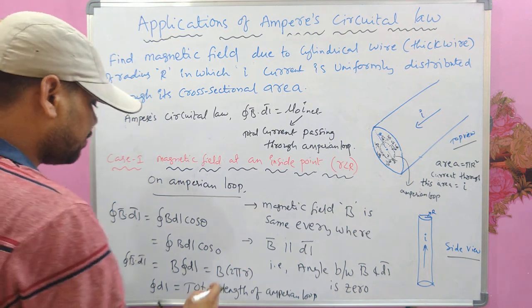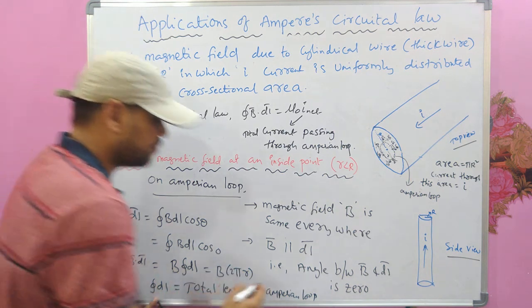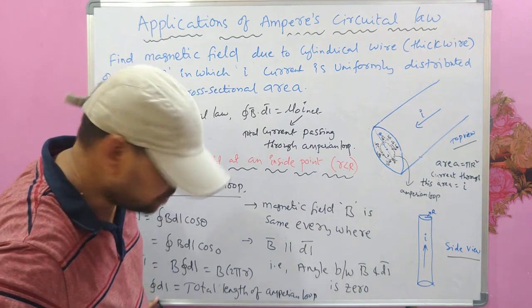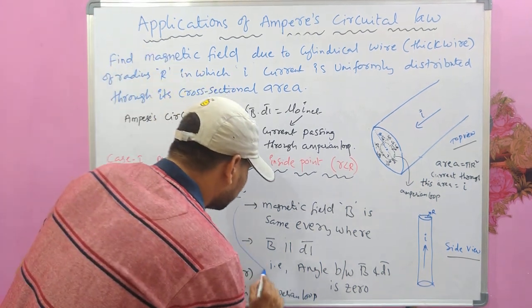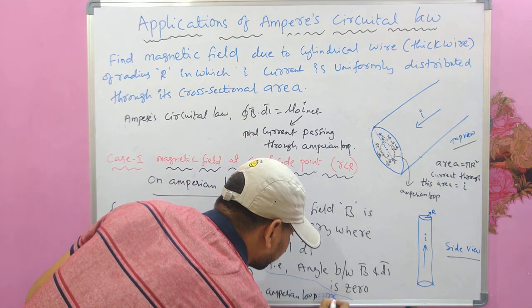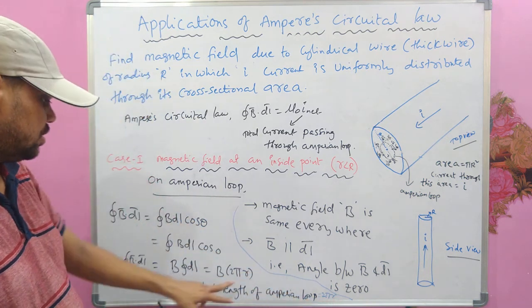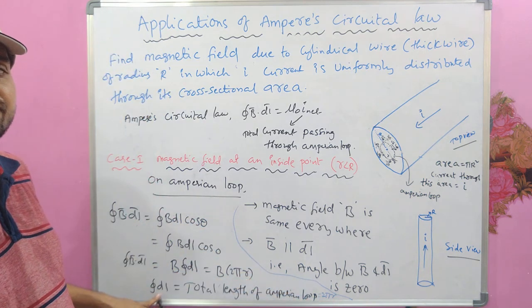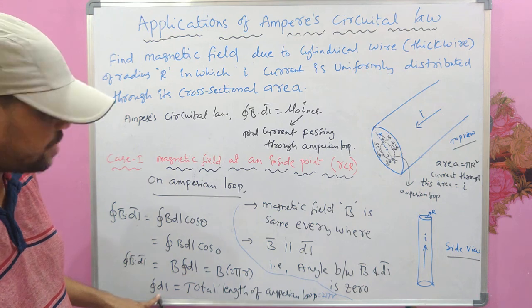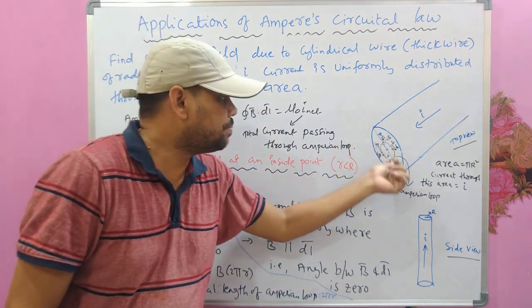So that is why for integral dl, I have written 2 pi r. Okay, so we have calculated what is integral B dot dl for this Amperian loop.